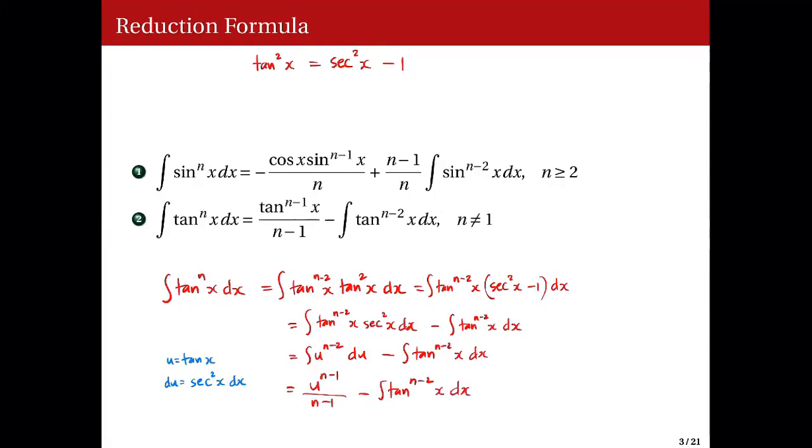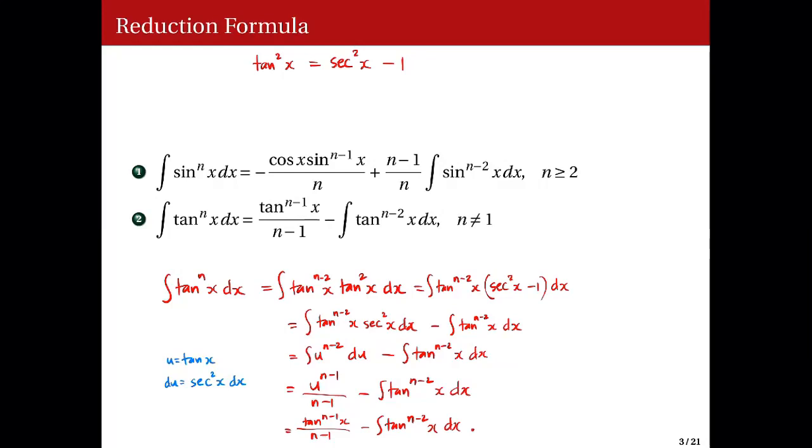Then finally, we bring back this tangent x, and we end up with the formula: tangent raised to n minus 1 of x over n minus 1, minus the integral of tangent raised to n minus 2 of x dx. And that is the reduction formula for tangent to the n. It is a reduction formula because from tangent to the n, after doing this, you just get tangent raised to n minus 2. So the power of tangent has been reduced.